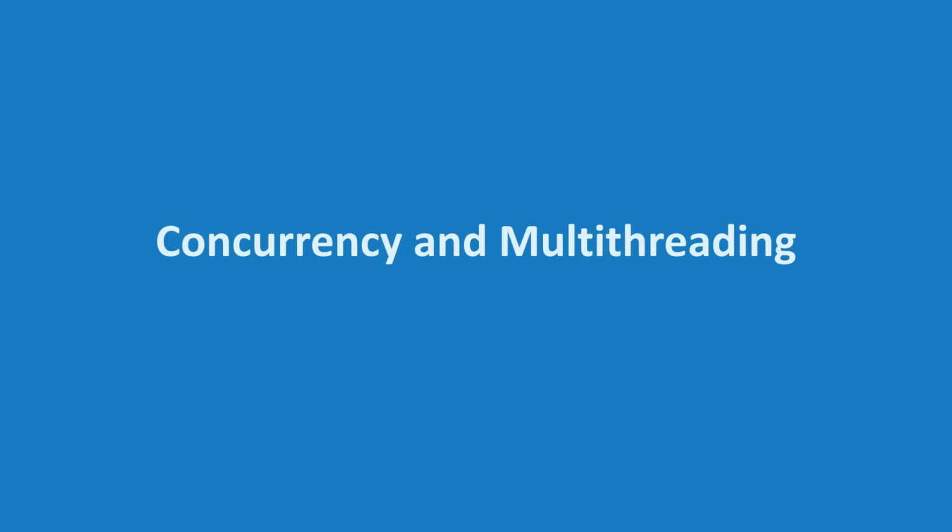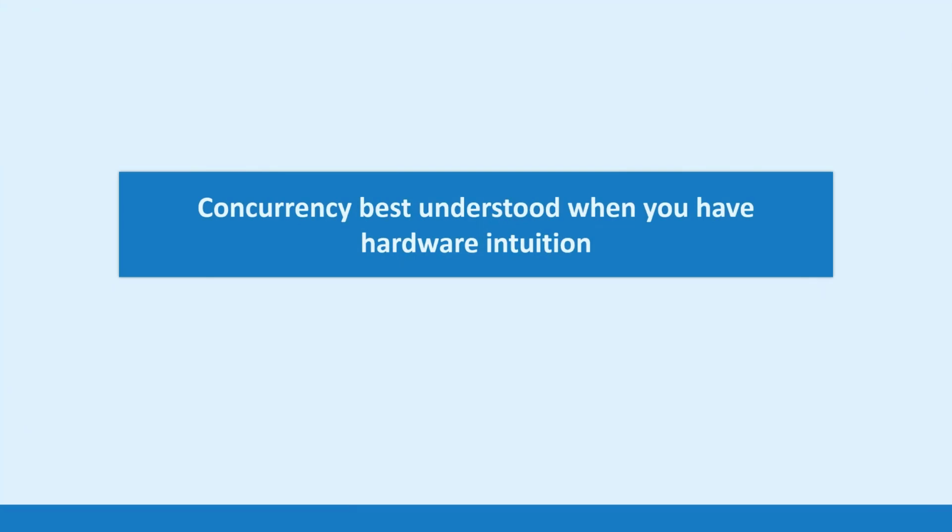Let's start with the high-level discussion of the most fundamental concepts, which are concurrency and multithreading. It is my belief that the best way to understand these concepts is by gaining some amount of intuition about hardware. The reason why I think that hardware intuition is important in this context is because I myself came to software development from hardware world.